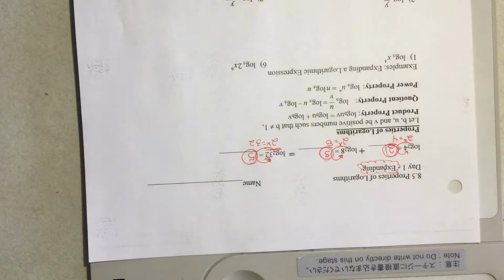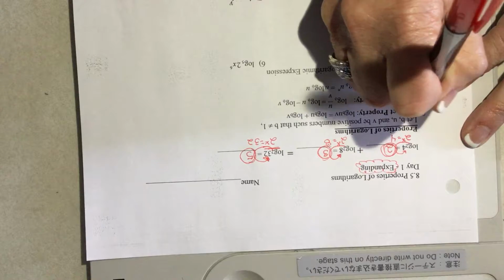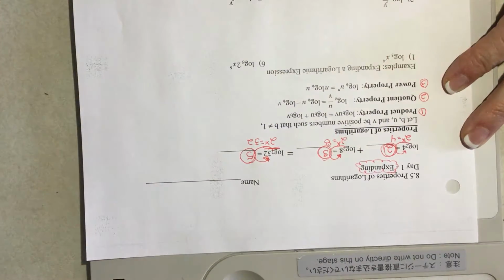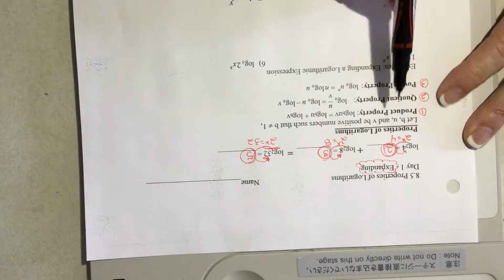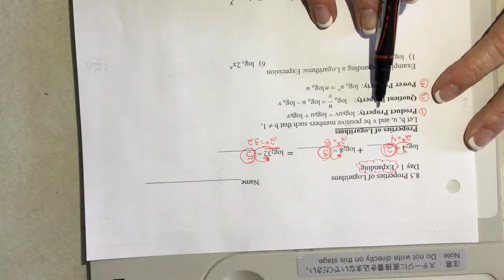With that being said, we have 3 properties, and I'd like you to number these properties because I'll refer to them by number 1, 2, 3. The first property is called the product property.